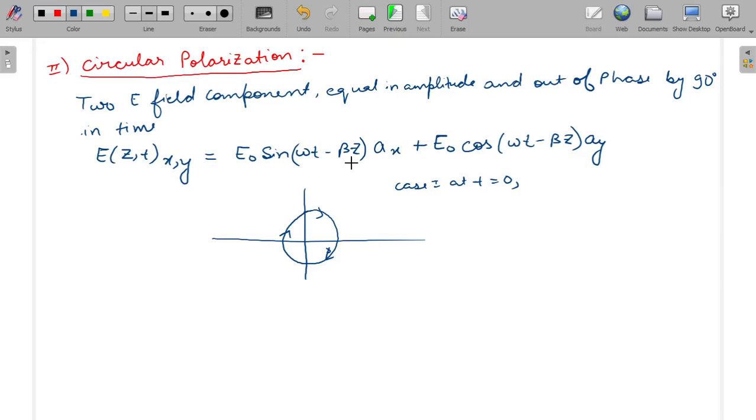Let's suppose beta z is also 0. If t is 0, then what will be our beta z? Beta is equal to 2 pi by lambda.